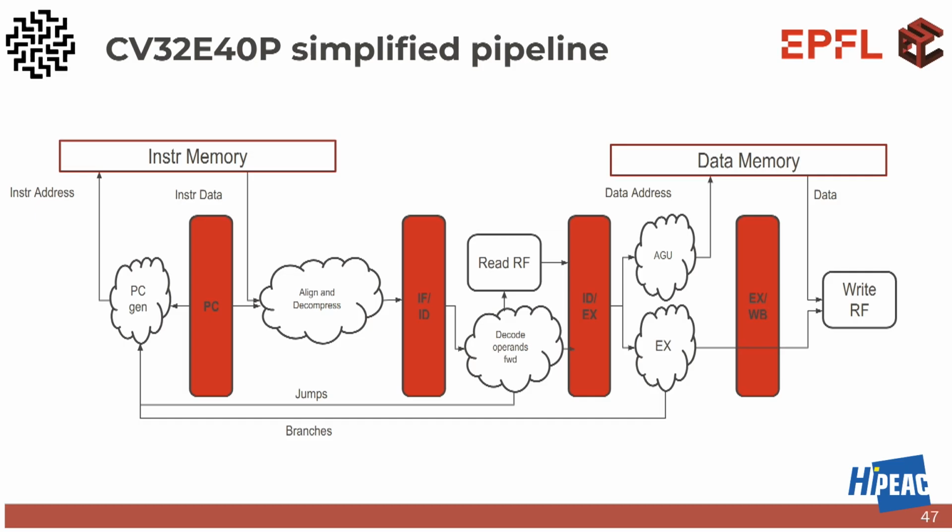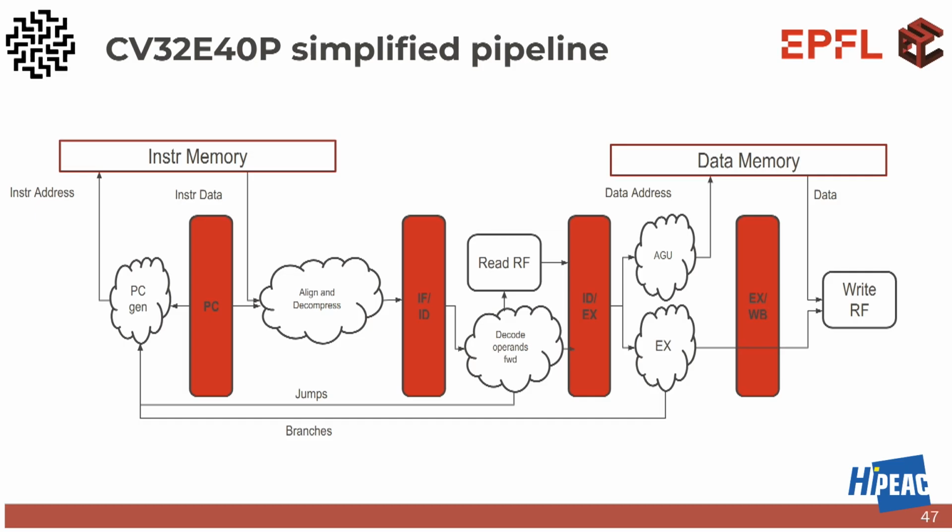Of course, if the memory doesn't answer, the whole pipeline is stalled. But that's not a structural hazard, it's a stall from the bus. And it's not a data hazard, because I wouldn't have let the multiplier or the addition or whatever go to the X stage if it depends on the result of the load, right?